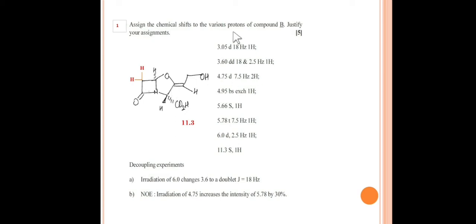So I will search for the proton with a broad singlet which is exchangeable. The signal at 4.95 shows that this proton is exchangeable. Also it is showing a broad singlet. That means this signal is associated with the OH. So I will assign 4.95 to the OH proton.